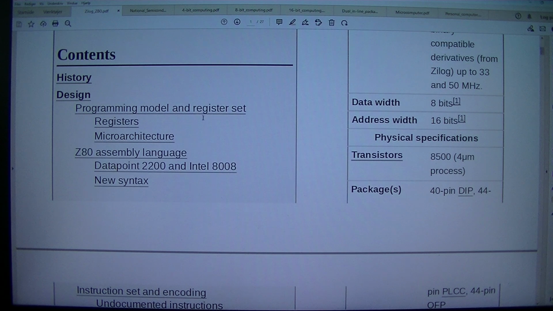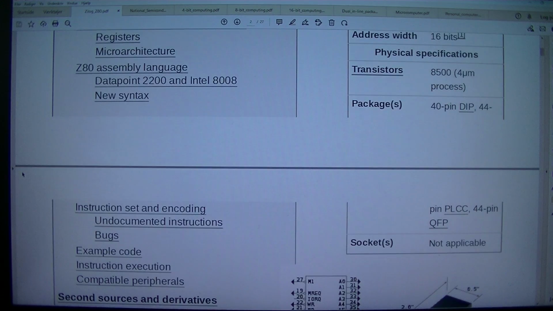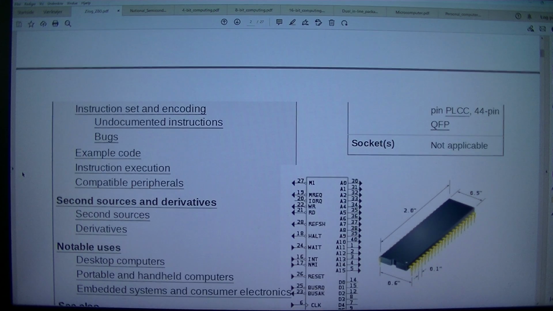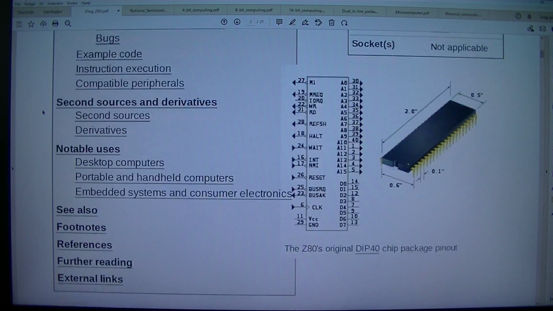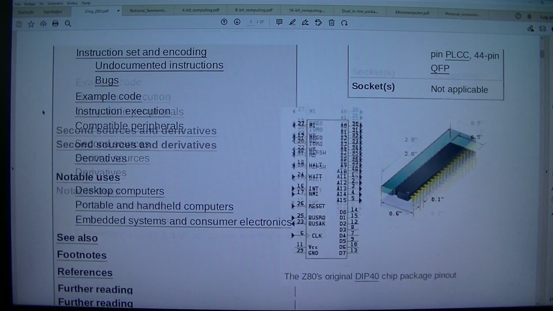Contents. History. Design: programming model and register set, registers, microarchitecture. Z80 assembly language: Datapoint 2200 and Intel 8008, new syntax. Pinout: PLCC, 44-pin QFP, socket. The Z80's original DIP40 chip package pinout.